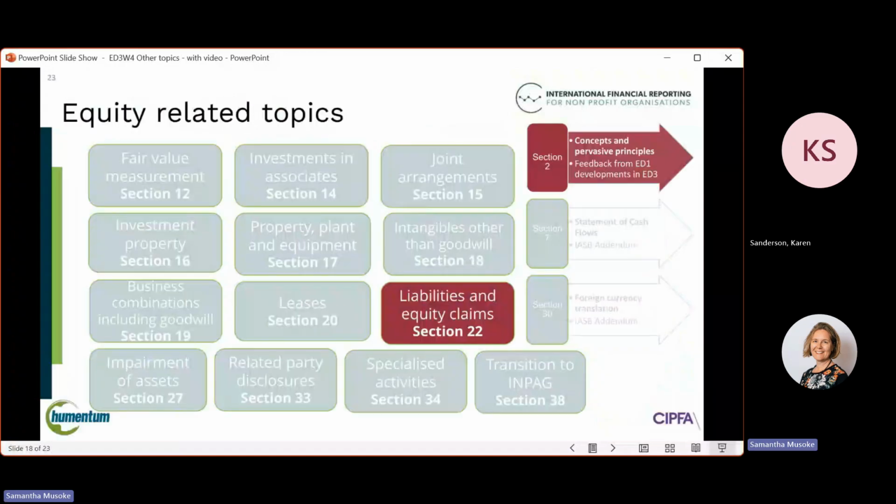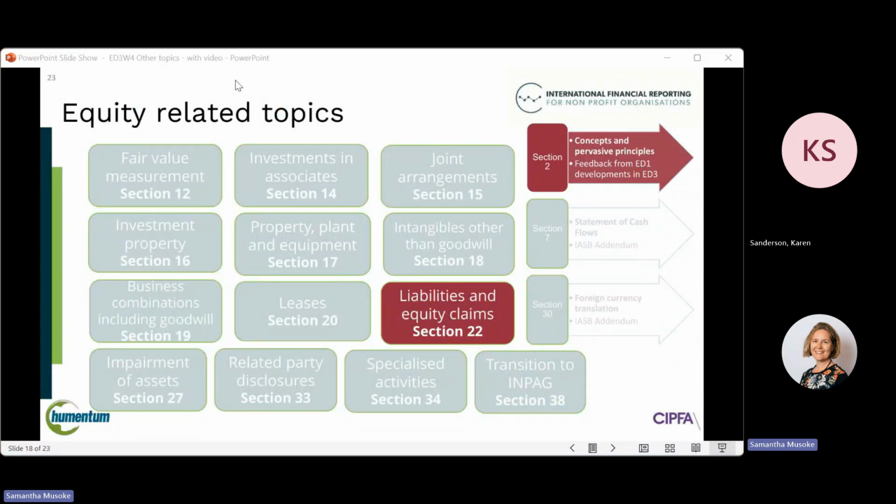Moving on, in this next block of topics, we examine the revised proposals in Section 2, concepts and pervasive principles, relating to net assets and equity. We will also look at the consequential impacts on Section 22, which is now called liabilities and equity claims. In a for-profit context, equity refers to the owner's entitlement to the net assets of the business.